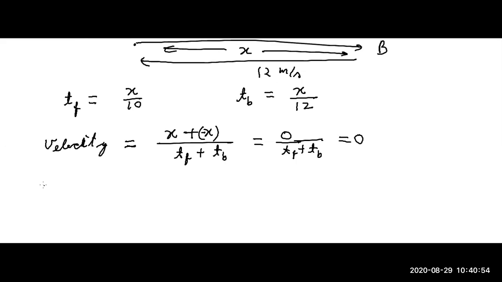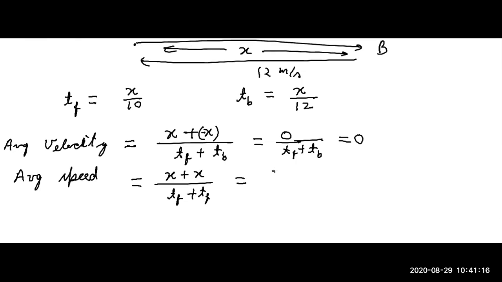If you write average speed, how much will it be? There we have to write total distance covered. So what is the distance covered? x forward and x backward. So x plus x divided by tf plus tb.